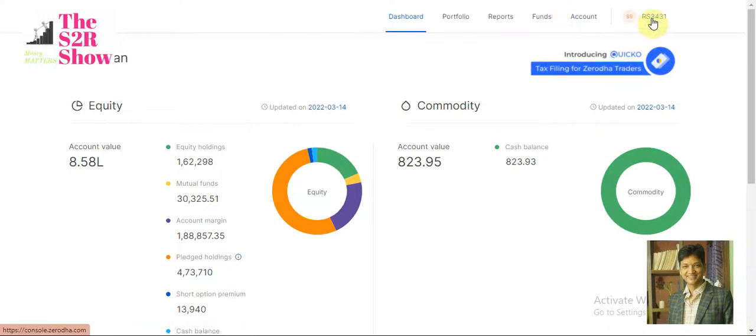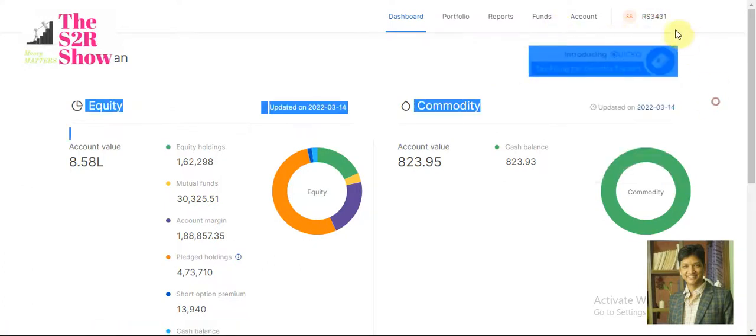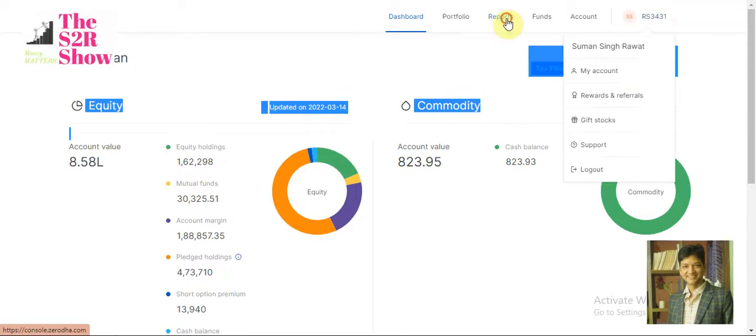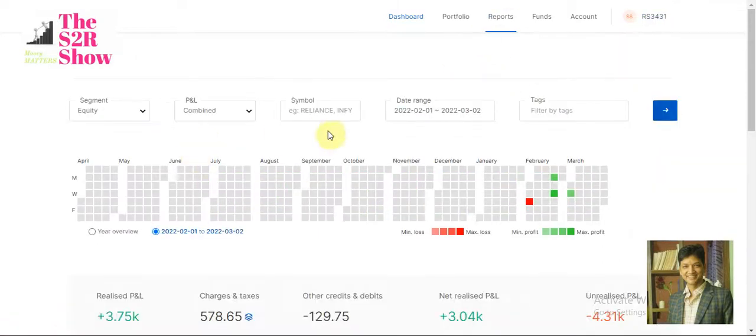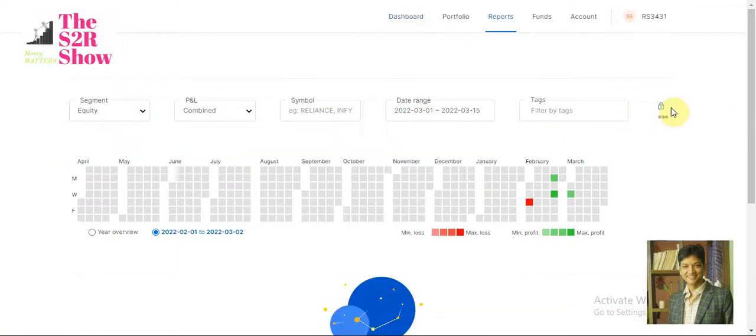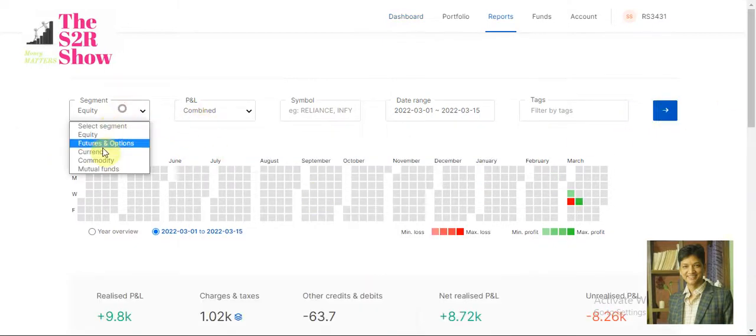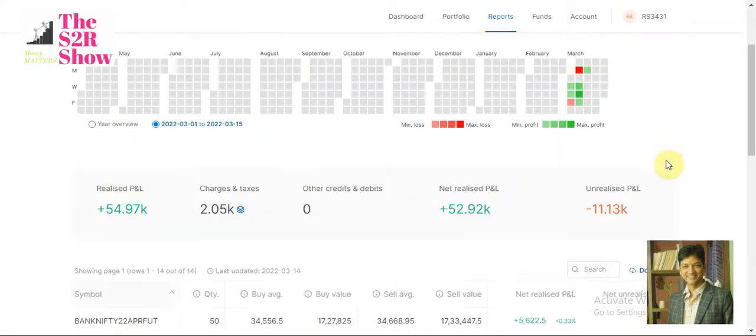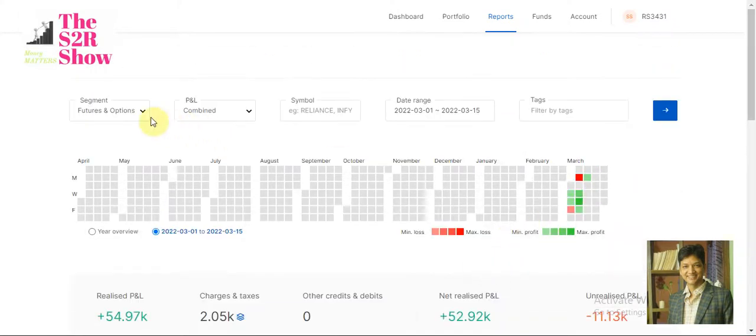Okay, and now let's see what the return is in the month of March till date. March 1 to 15. First priority is F&O. So it is 52,000, March 1 to 15.